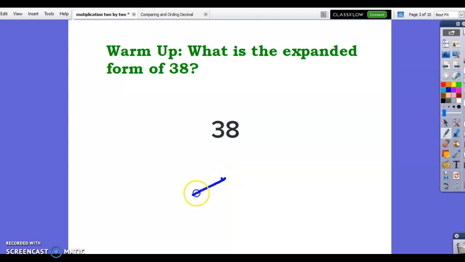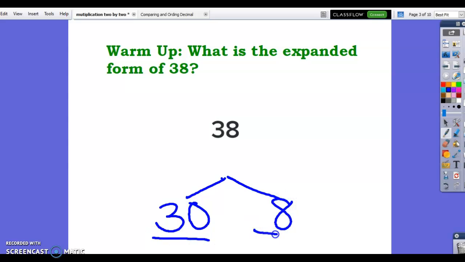You're thinking, okay, so 38 splits into a 30 and also an 8. That is called your expanded form or expanded notation. And today we are going to be using that expanded notation to move forward with our multiplication. So again, on this part, you don't need a pencil. That's just a warm up to get your brain thinking. So here we go.